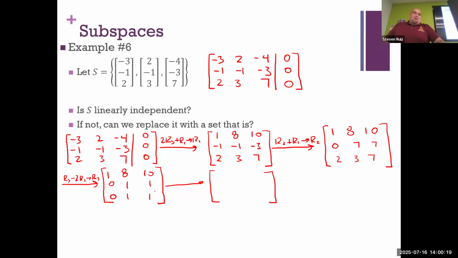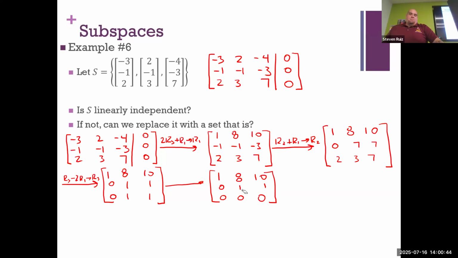When I'm doing row operations, I can multiply any row I want by a non-zero number. So I didn't even write it down. I just multiplied the middle row by 1/7 and the bottom row by -1/13. Which means what? I have 1, 8, 10, 0, 1, 1, 0, 0, 0.